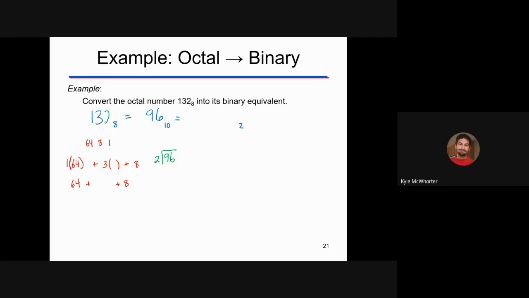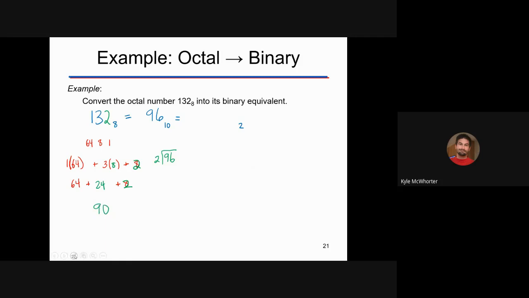So I'm doing 2 times, this is a 2 here. This stays 3 times 8. So this stays 24, but this is just a 2. So that's not 96. That is 64 plus 24 is 88, plus 2 is 90.